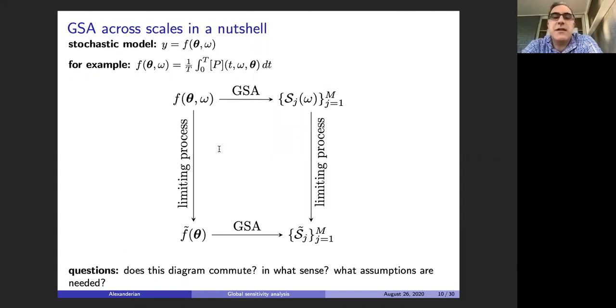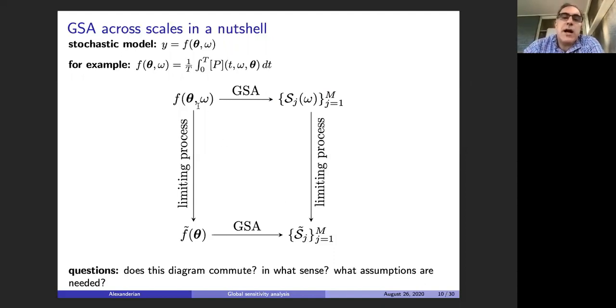So what is global sensitivity across scales? What's the question that we want to address? I have a stochastic model whose quantity of interest is F, and I can perform global sensitivity analysis on it. Let's say I compute Sobol indices. In this case, the Sobol indices will be random variables, and I can consider a limiting process and get some deterministic indices.